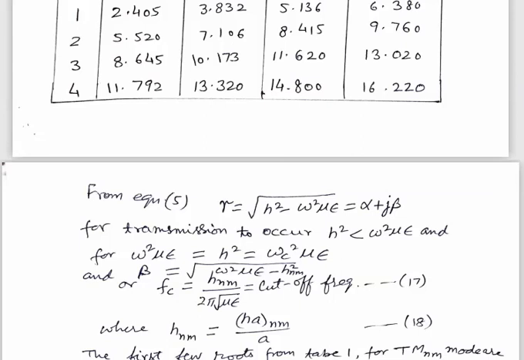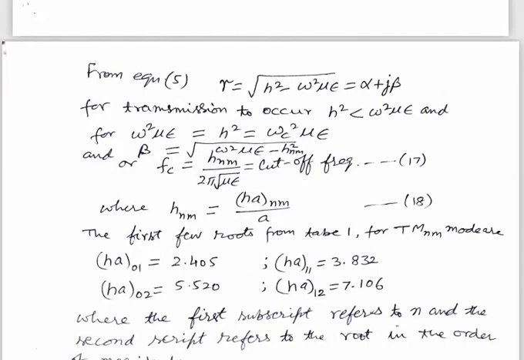Now as in rectangular waveguides also, we have considered that for wave propagation h square must be less than omega square mu epsilon, otherwise the value of gamma will remain real, and it means there will be no phase constant.